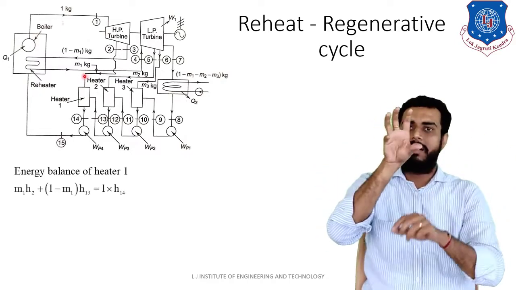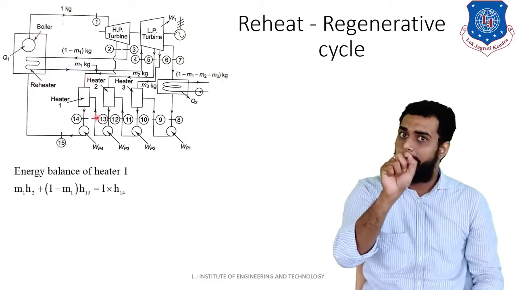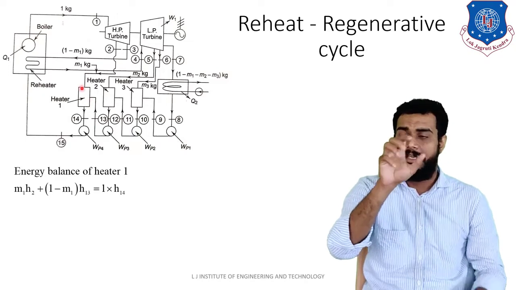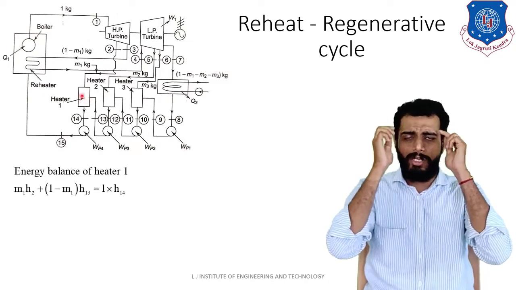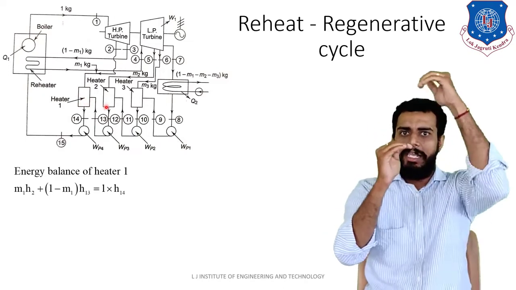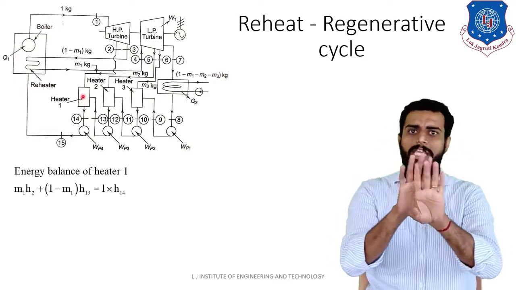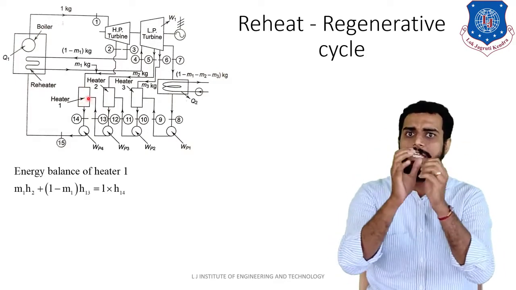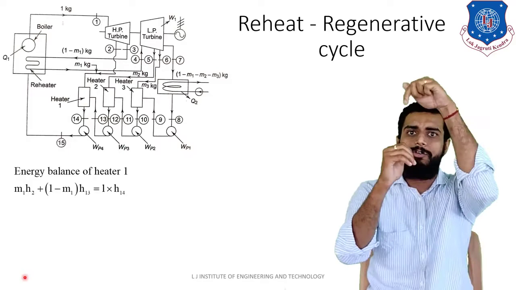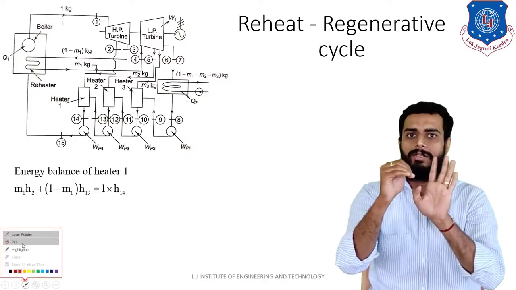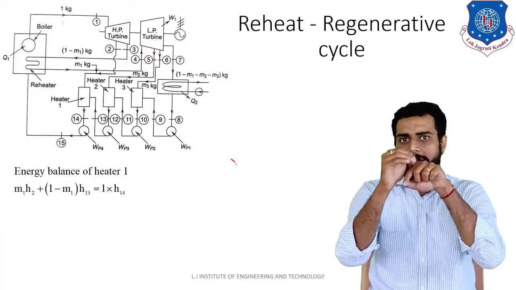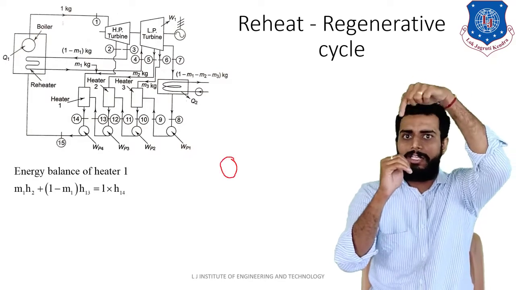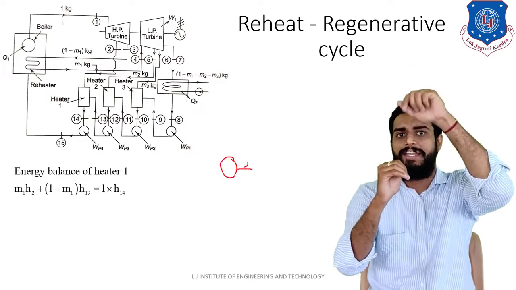Clear? I have already told you, whenever you are applying the energy balance, the simple concept is: for a heater, inlet is equal to outlet. Keep that concept in mind. Here in this heater you have 2 inlets and 1 outlet. One inlet is m1 kg into h2.